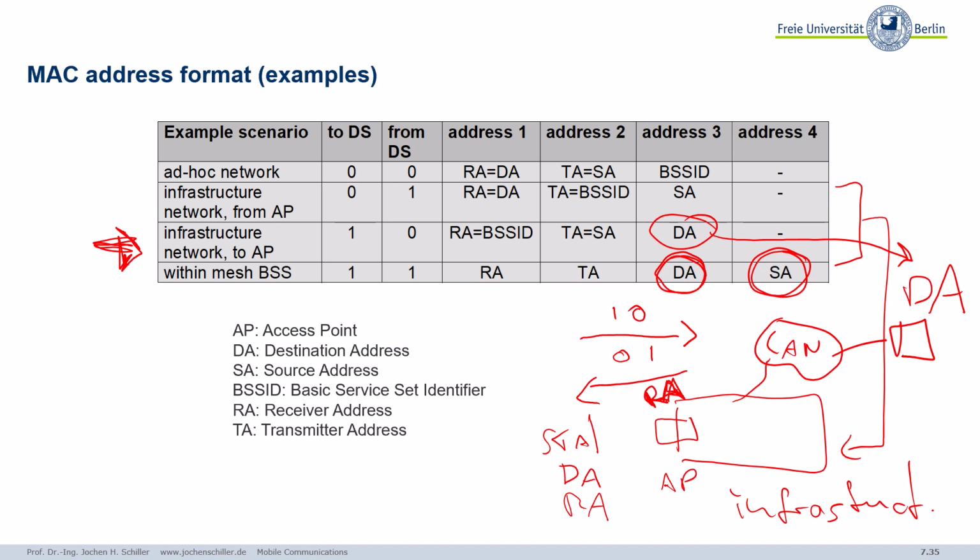If you send something to the infrastructure, the receiver is the access point, indicated by the SSID, and the transmitter is you, but the logical receiver is somewhere else in your local area network, maybe your router, something like this. It depends. And also the other way around: you are the logical receiver, you're also the physical receiver, but the physical sender is your access point, and the logical sender might be some other computer in your local area network.